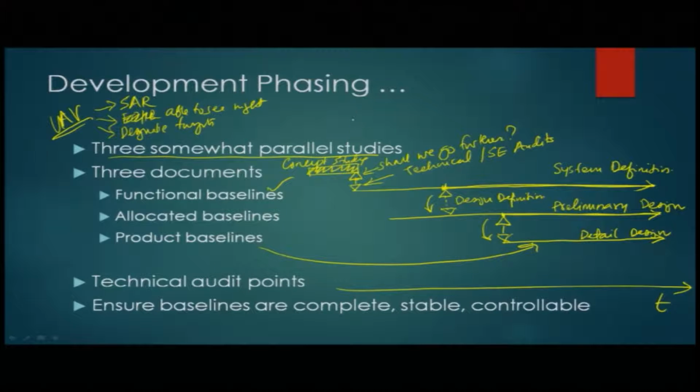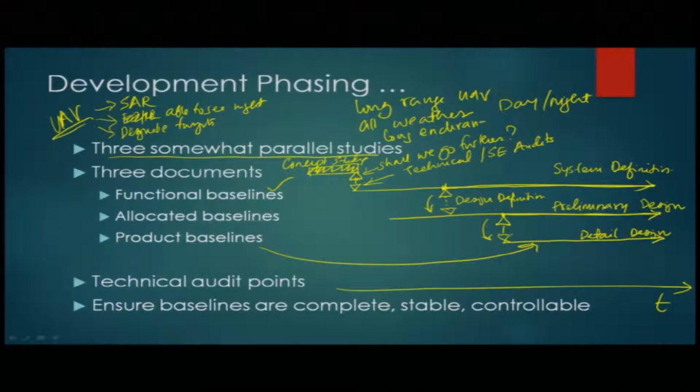The basics: first, the system definition is that it should be a long range UAV, all weather, day, night, long endurance, like this. All these aspects that we just drew here come as part of the system definition.